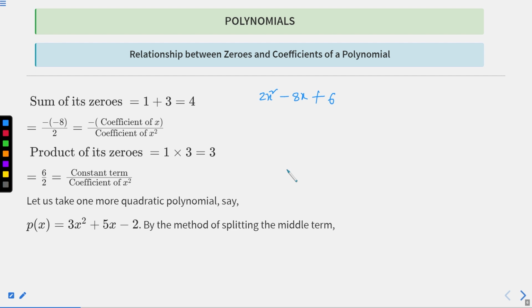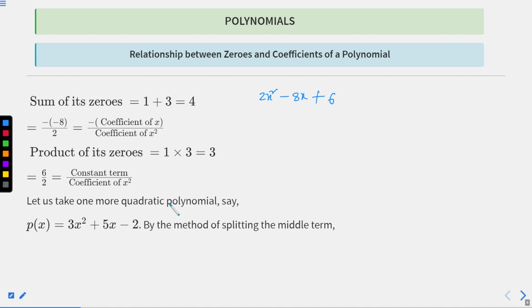So the sum of its zeros can be written as minus coefficient of x divided by coefficient of x squared. So if we have the two zeros of a quadratic polynomial, then their sum is equal to minus coefficient of x divided by coefficient of x squared.